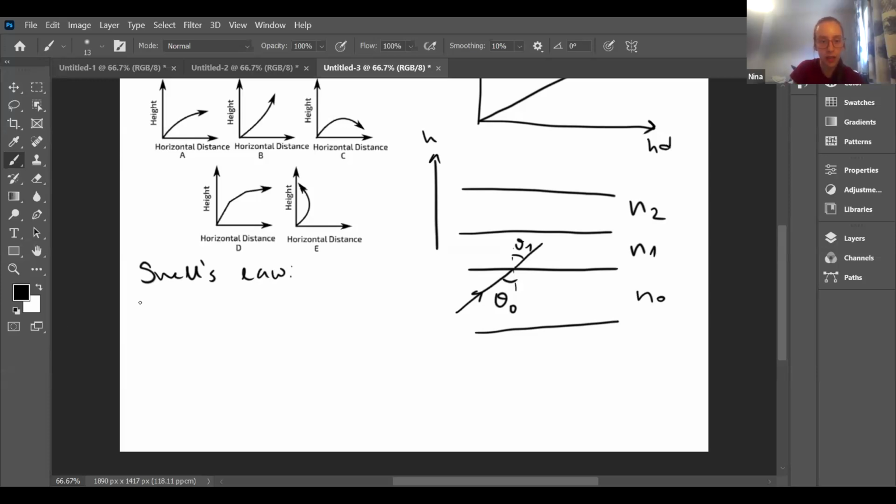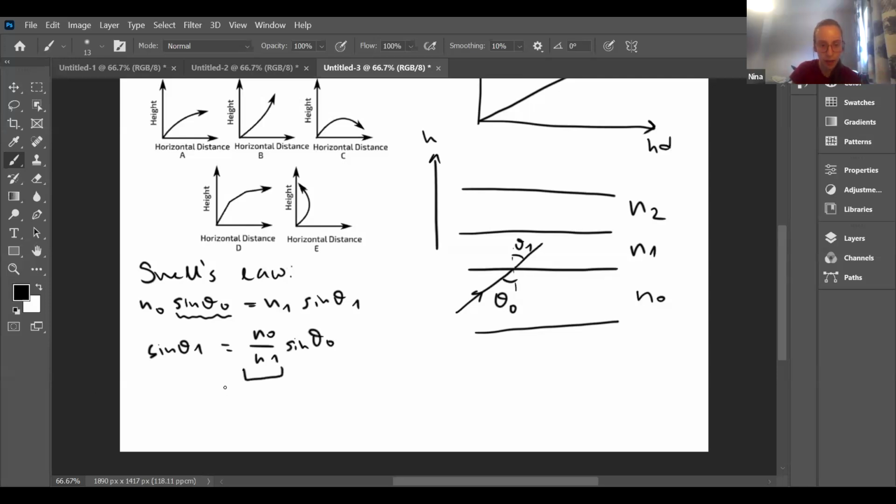In this case, you can use it as refractive index here times the angle here will need to equal refractive index here in the slab above times the angle in the slab above. So this is our incident angle, which is given in the problem. We can express the new angle as n0 over n1 sin theta 0.